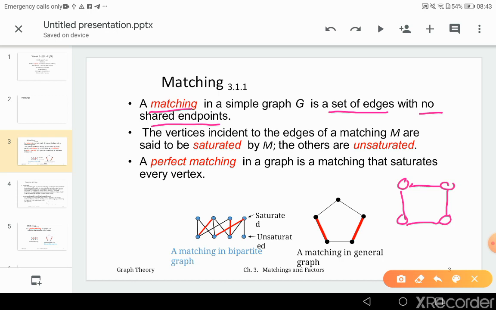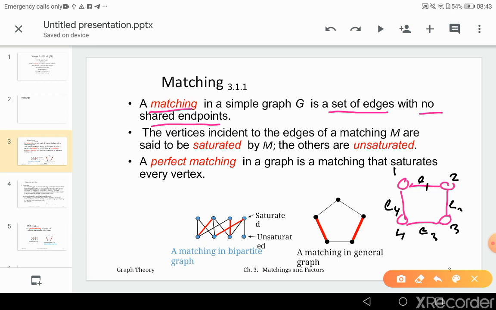Let's say these are E1, E2, E3, and E4, and the vertices are 1, 2, 3, 4.